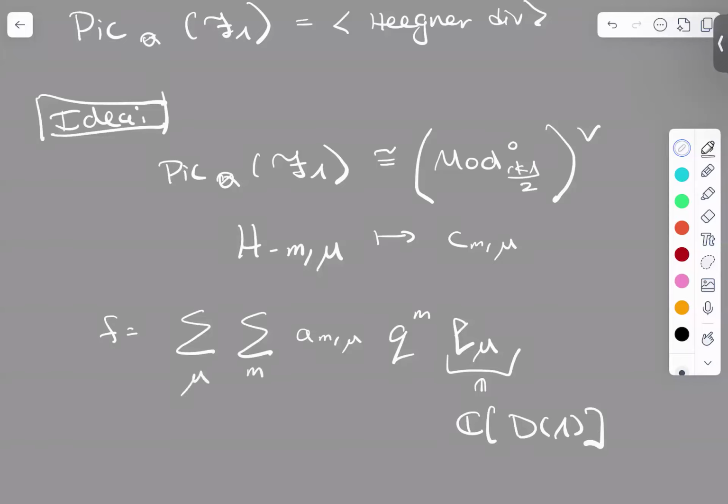And it's a theorem of Borcherds that these coefficients can be chosen to be rational numbers. So it takes this m mu Heegner divisor and associates to it this coefficient extraction functional with the same numerical data.